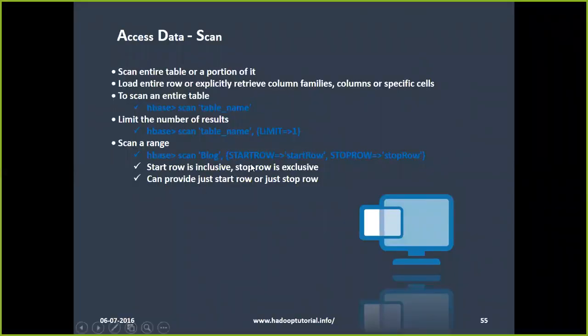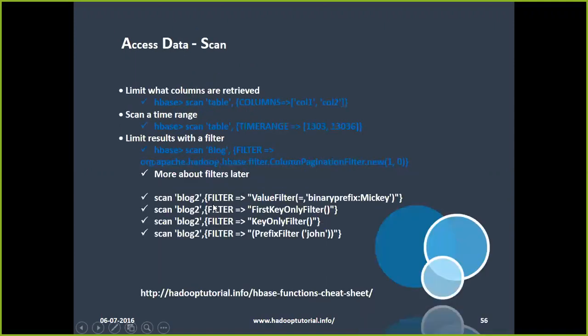Now, we have seen the start row and stop row also, and limit. And while scanning, if you want to limit to particular columns, if you don't want all four columns and just need two columns, then you can refer to this. Just specify the columns, info:author and content:post. You can get only the two columns. And you can also specify the time range.